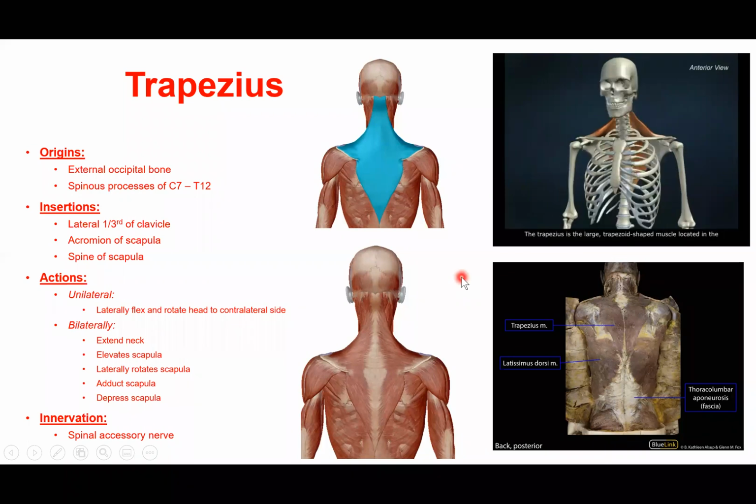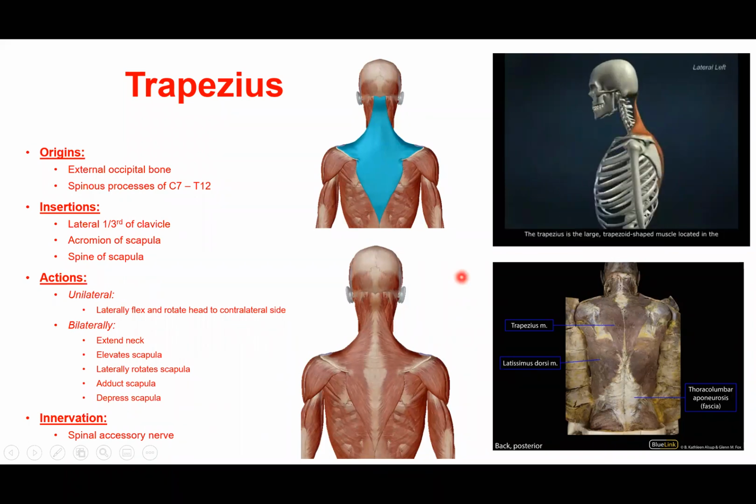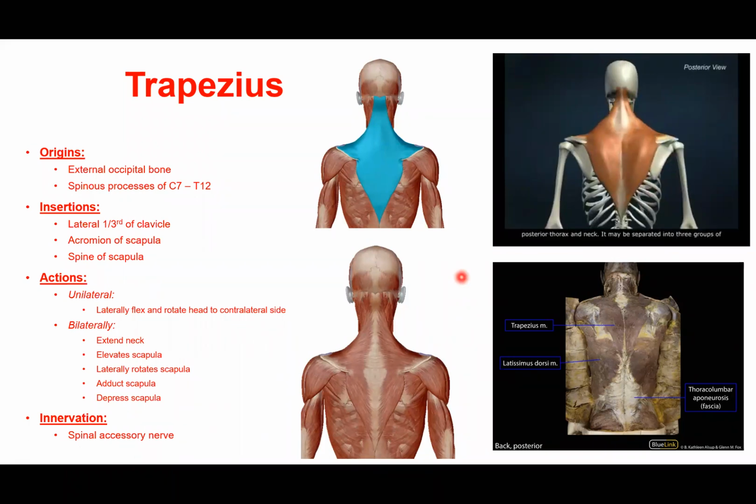The trapezius is the large trapezoid-shaped muscle located in the posterior thorax and neck. It may be separated into 3 groups of fibers. So this video is going to go through the 3 different groups of fibers and their origins and insertions. As for the exam, just know the stuff that I have written over here, but by separating it into 3 groups of fibers, it just makes it a little bit easier to understand and talk about.